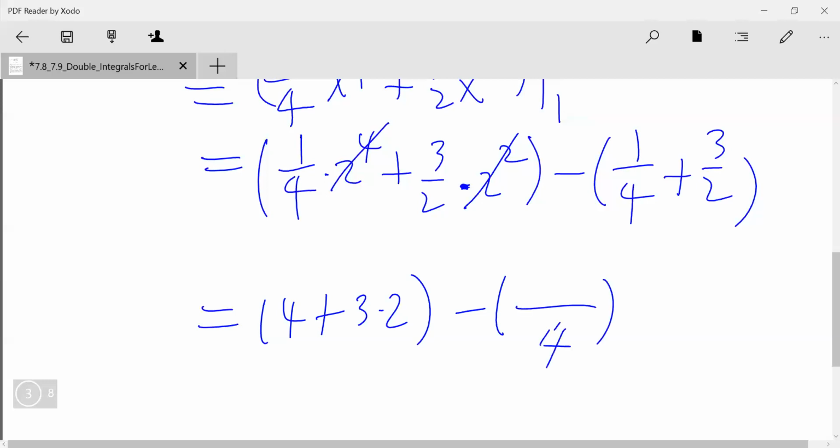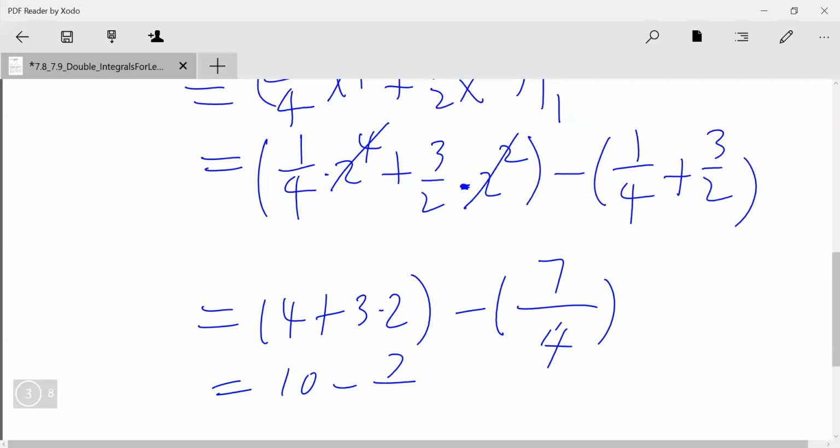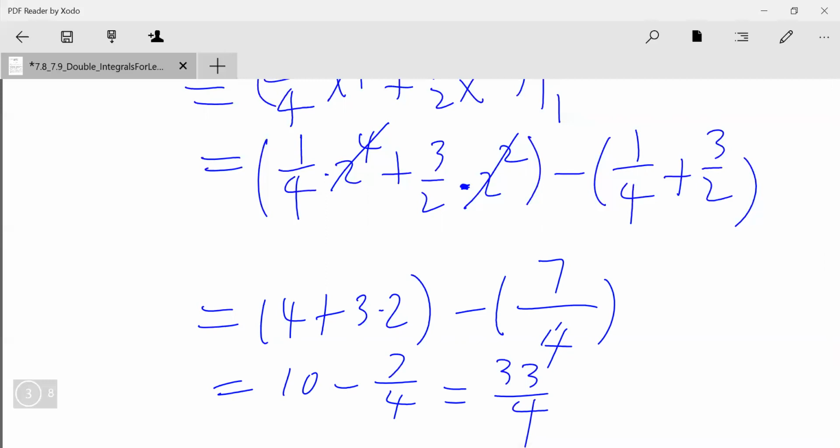And so you get 1 plus 6, 7, right? And 10 minus 7/4. And we get 33/4, like that. So that will be the answer of this definite integral.